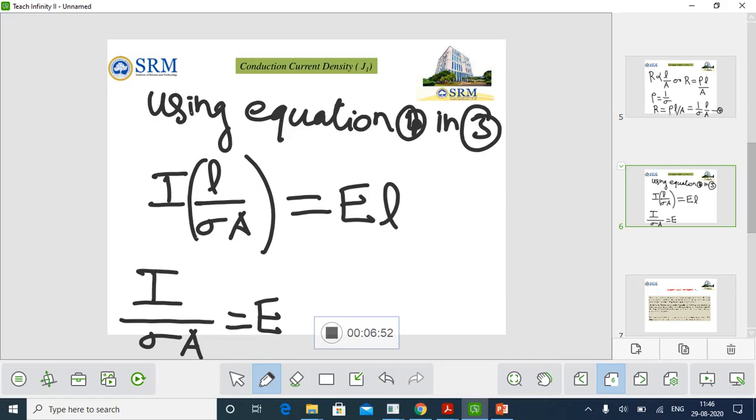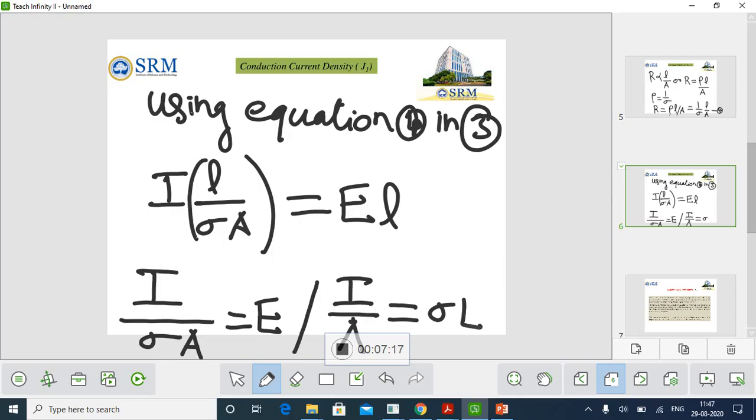So instead of I by A, we can write J. Then the final equation can be written as J1 equal to sigma into E. So this equation is called the conduction current density equation.